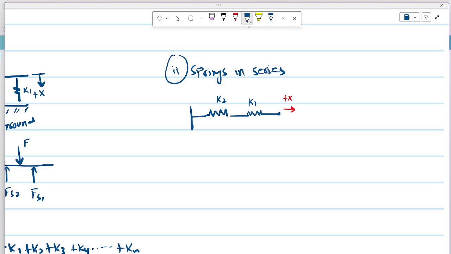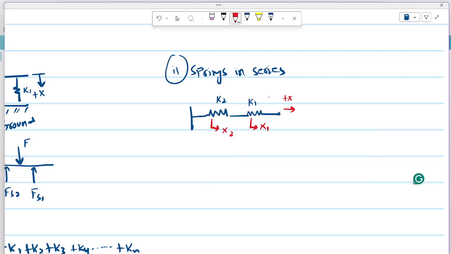It means that they have independent coordinates. The first one will have, let's say, displacement coordinate x1, and the second one has x2, which are not dependent on each other. So what do we do here?